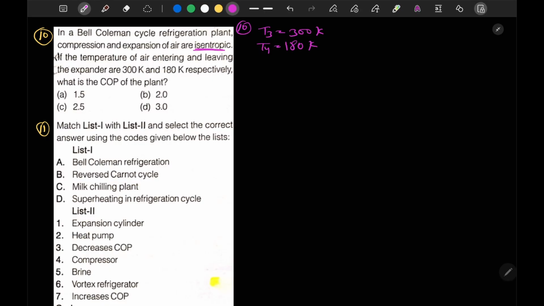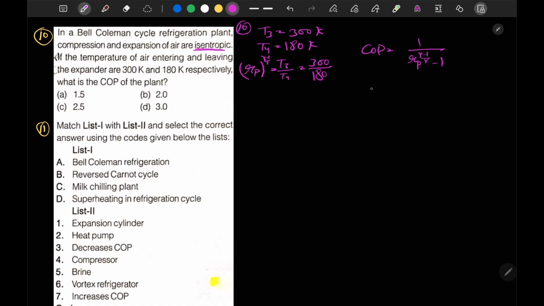The COP of the plant is given by 1 upon (rp to the power (gamma minus 1) by gamma) minus 1. Now we know we can write rp as T3 by T4, so rp to the power (gamma minus 1) by gamma can be written as T3 by T4, which is equal to 300 by 180.